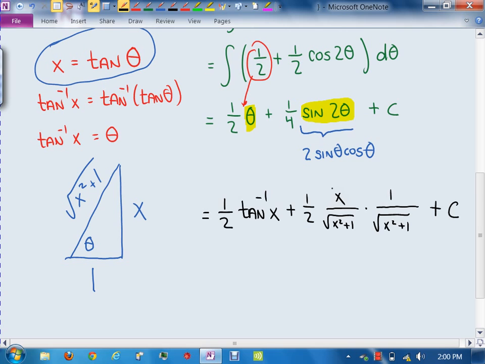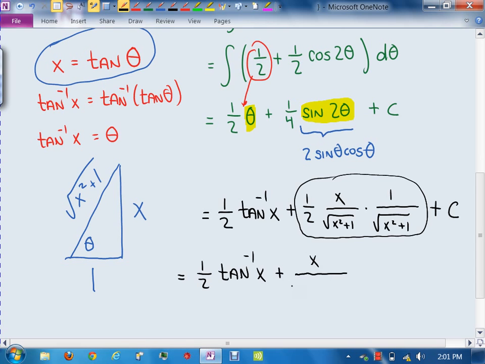And you could put all these together right here and get something like 1/2 arctangent x plus x over 2 times x squared plus 1, something like that, plus c, because those two roots multiply together and the roots go away, right? There we go.